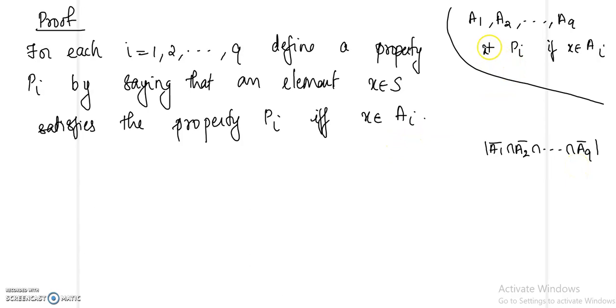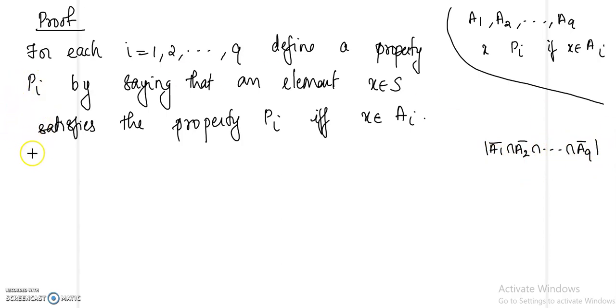If x belongs to Ai, it is said to satisfy the property Pi. So if x does not belong to Ai, it does not satisfy the property Pi. So when you take this set A1 complement intersection A2 complement intersection, etc., AQ complement, it possesses none of the properties. So we are basically counting E of 0. That will be E of 0. Okay.